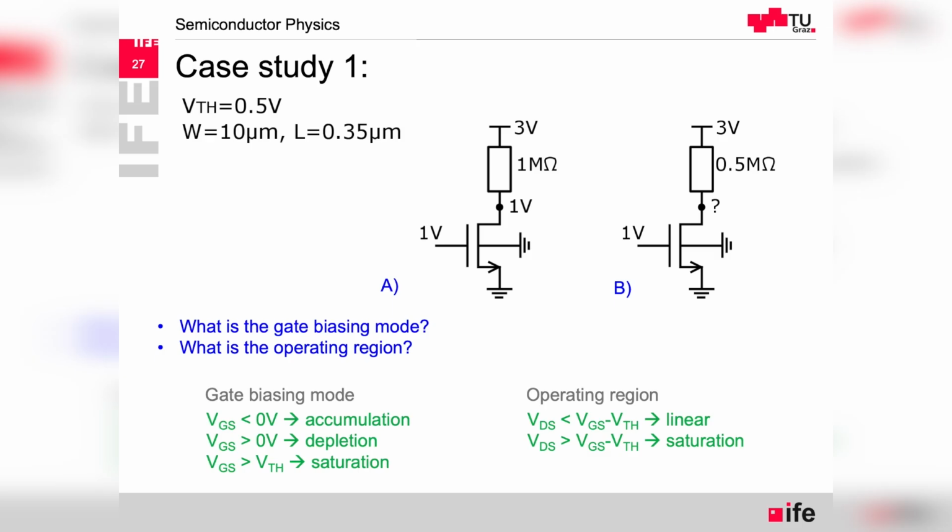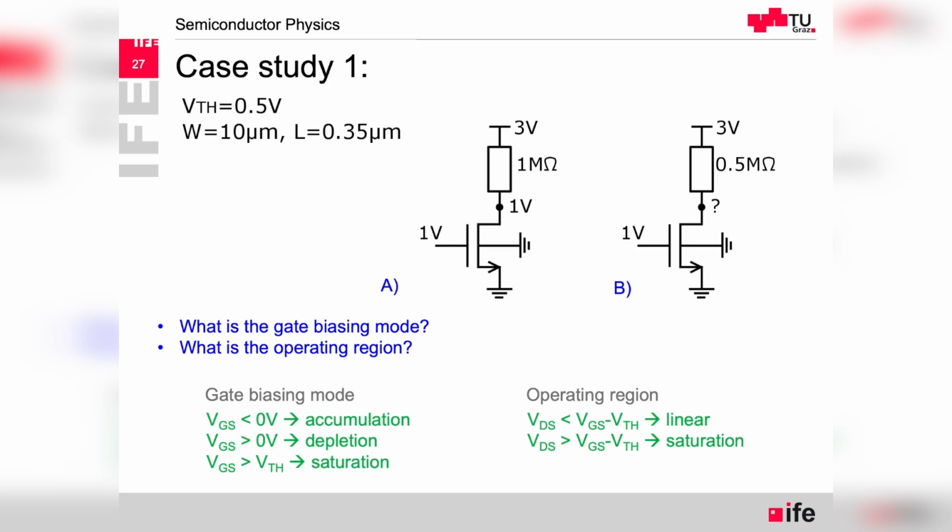So for both transistors, we can see that the gate voltage is the same, it's 1 volt. Obviously, it's greater than 0. It's also greater than the threshold voltage, so we are in strong inversion.